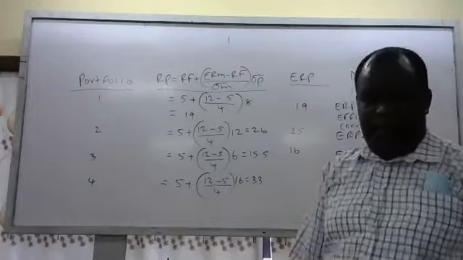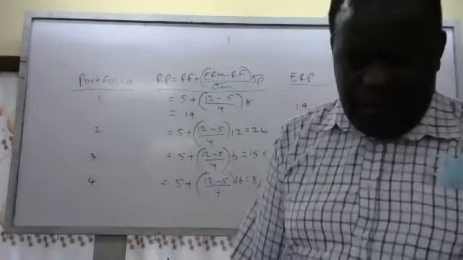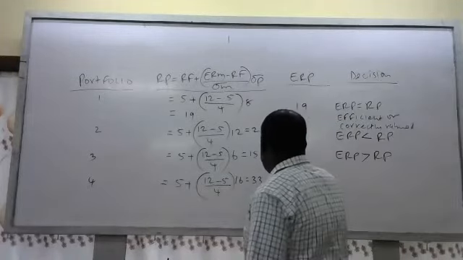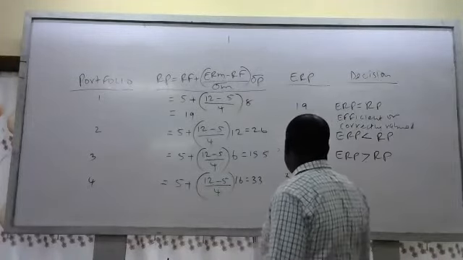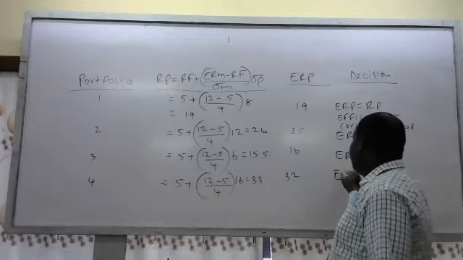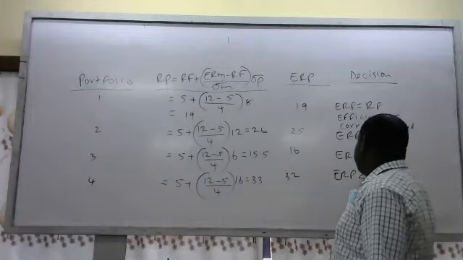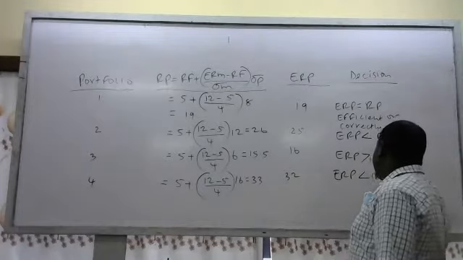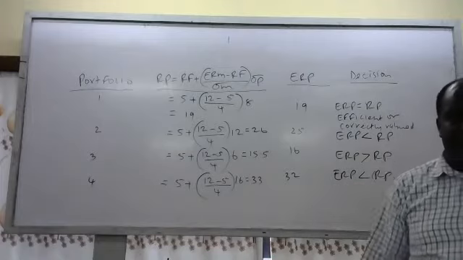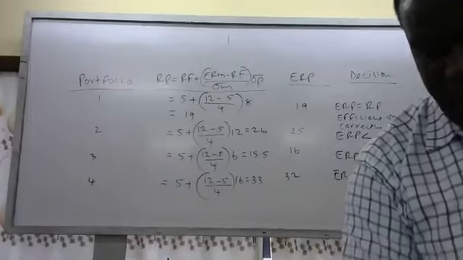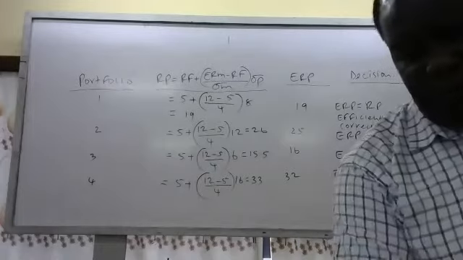So expected return, you are given 32. Yeah, so you can see this one is inefficient because expected return is less than the return of the portfolio. So it is inefficient or overvalued.